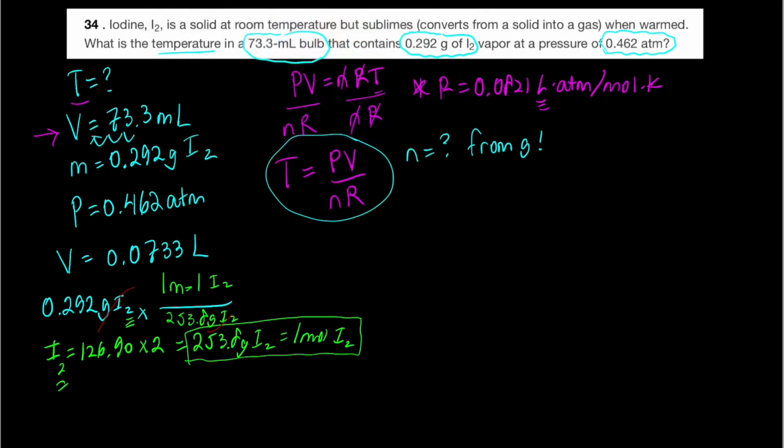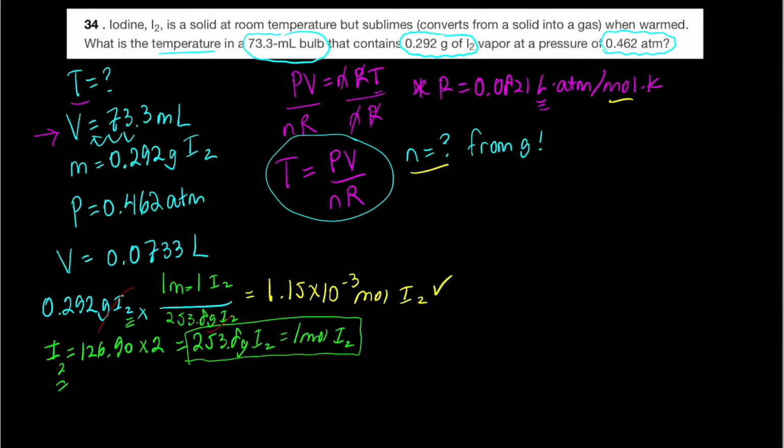This gives me the needed moles of iodine, which is in the units of the ideal gas law constant. So 0.292 divided by 253.8 gives me, in scientific notation, 1.15 times 10 to the minus 3, and the units are moles of iodine.